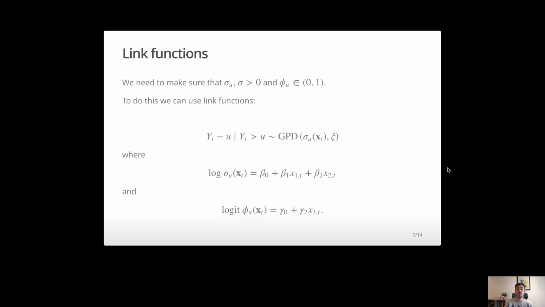In order to ensure that our scale parameter takes positive values, what we can do is model the log of its value as being some linear combination of regression coefficients and covariate values. If we take the exponent of both sides here, we see that this is going to ensure that our sigma u takes positive values for any value of the coefficients or the covariate values. The threshold exceedance probability can be modeled in much the same way, but using a logit transformation to ensure that it falls between 0 and 1.